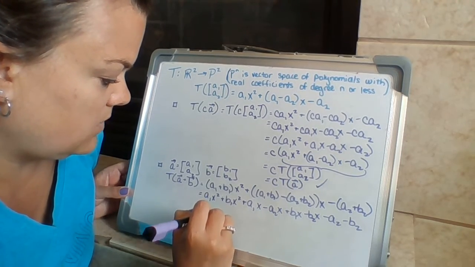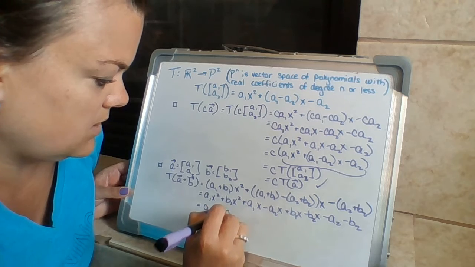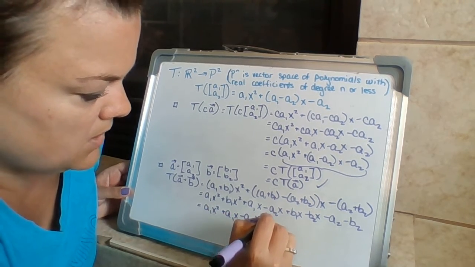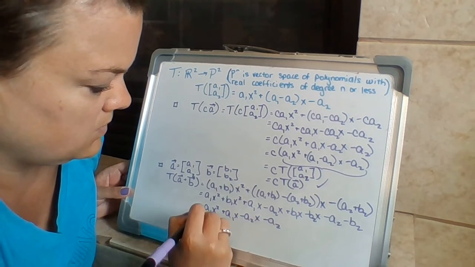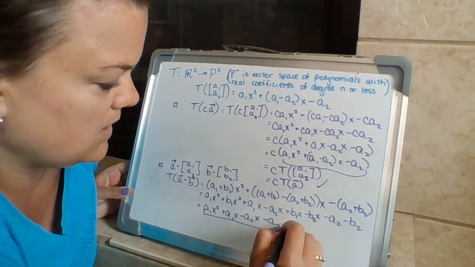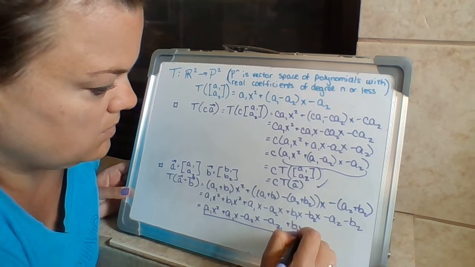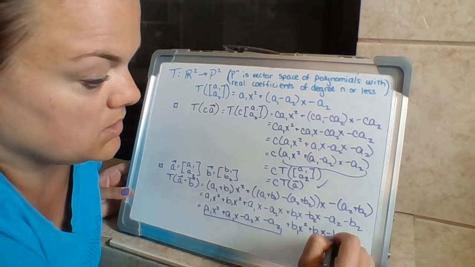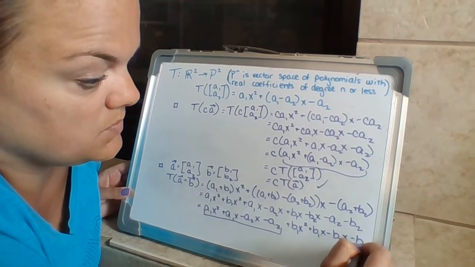So I have a1 x squared plus a1 x minus a2 x minus a2. Okay, all the a's are together over here. Now the b's together: b1 x squared plus b1 x minus b2 x minus b2.